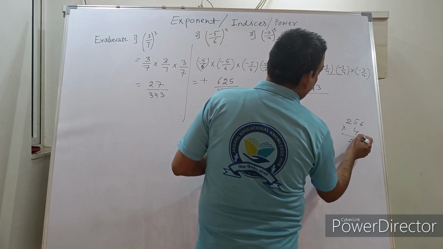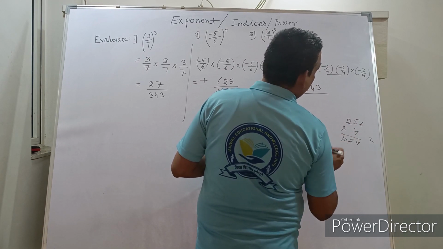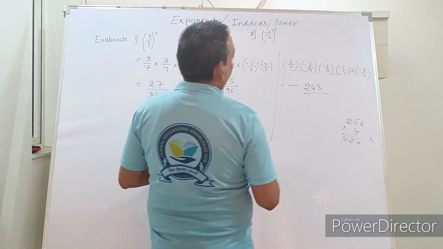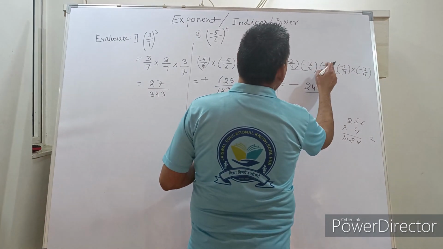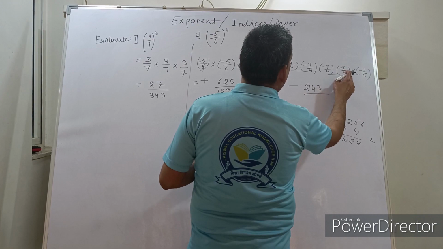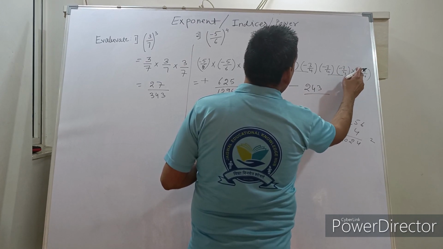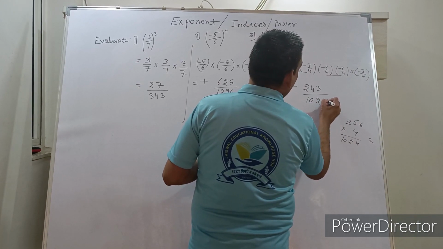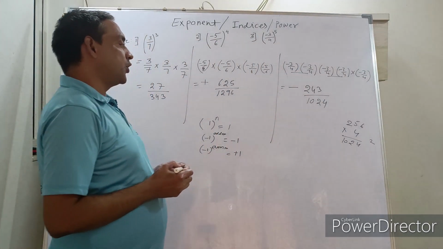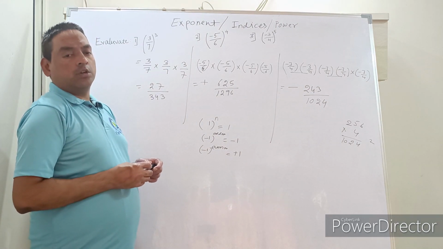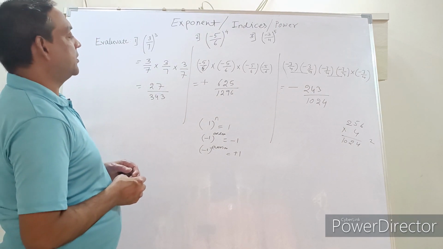Then 5 fours are 20, 2 fours are 8 plus 2, 10, 1024. So 4 into 4 is 16, 16 into 4 is 64, into 4 that gives you 256, 256 into 4 gives you 1024. So minus 243 upon 1024. This will be the answer of the third one.